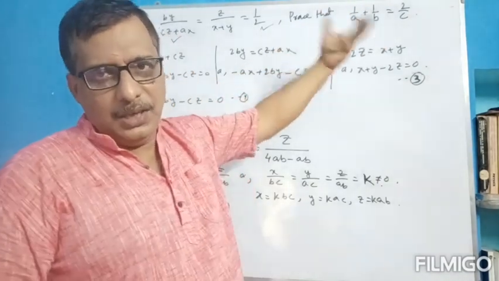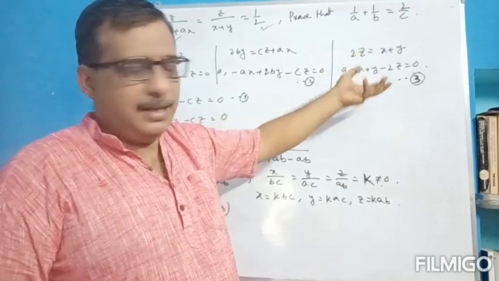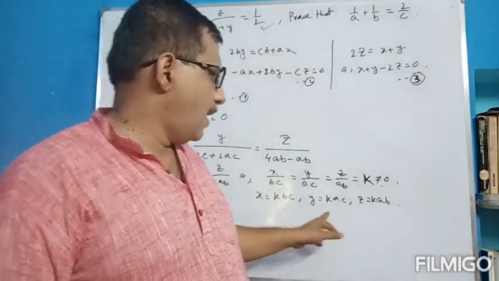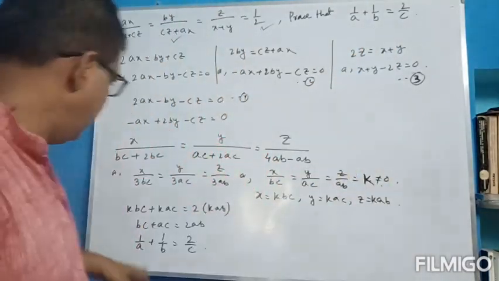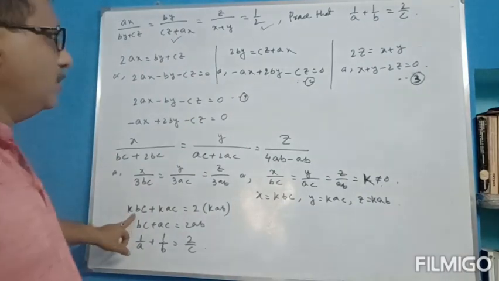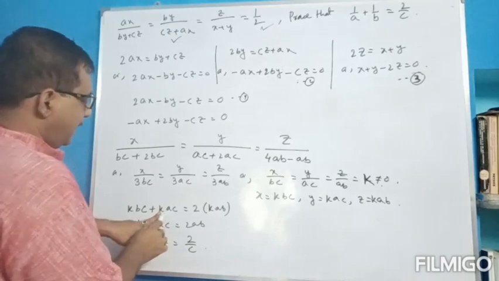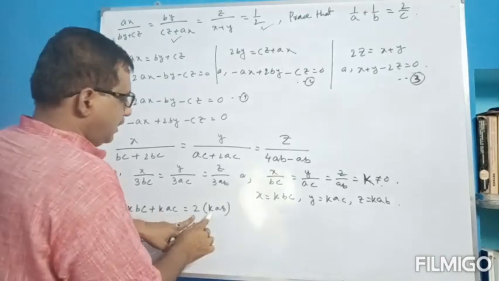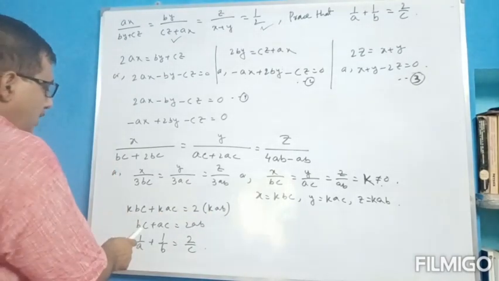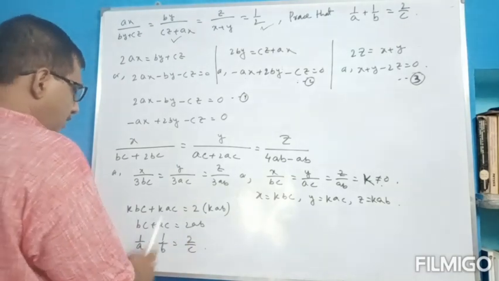If we put x, y and z in equation 3, then we get k into x plus y, that is k into bc plus k into ac, equals twice of z, k into ab. So bc plus ac is equal to twice of ab.